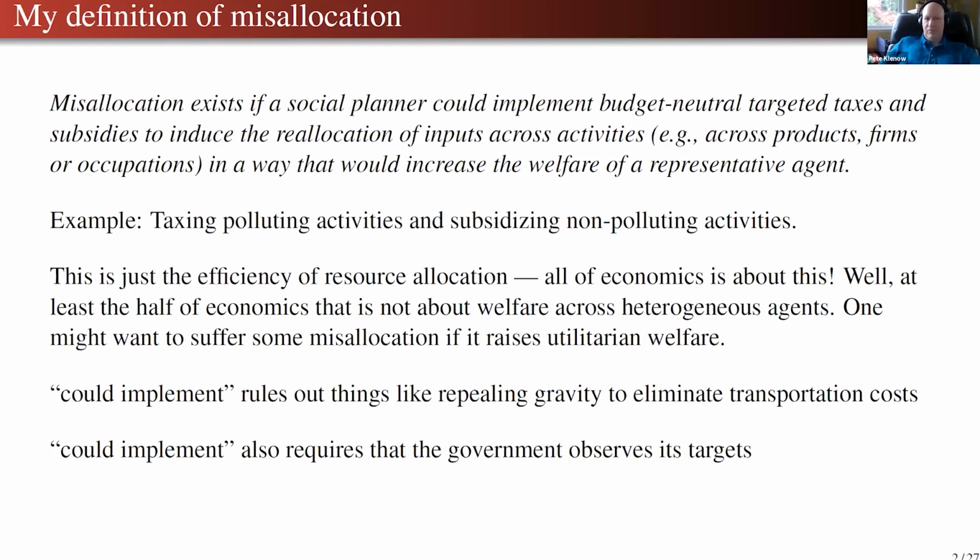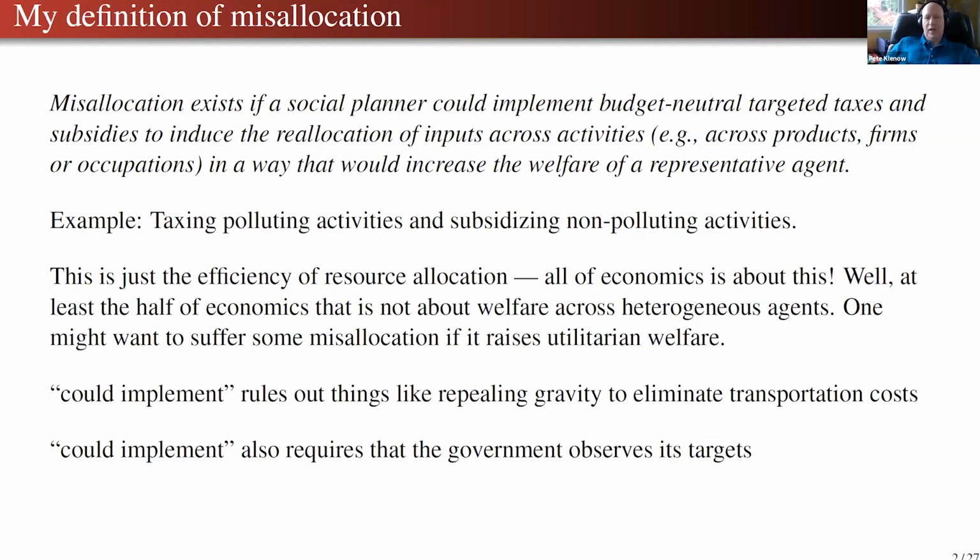Some of this is just all of what economics is about, which is the efficiency of allocation of resources. You could say a lot of economics, though, is taking into account heterogeneity and welfare outcomes too, so that's not quite fair. But the reason I want to emphasize this, first of all, it's very broad, is because occasionally some people will talk about misallocation in response to things like information asymmetries or transportation costs.